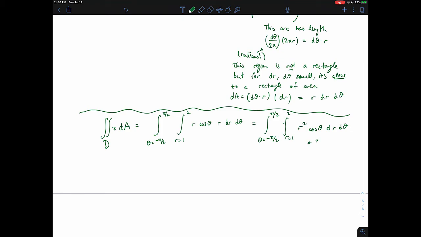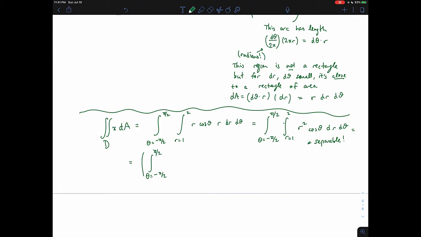Notice that this is separable, in the sense that I have a function of r times a function of theta, and the bounds in r and theta are constants, just numbers. The bounds for the inner integral don't depend on the variable in the outer integral.